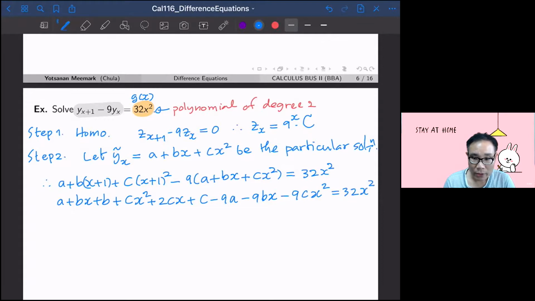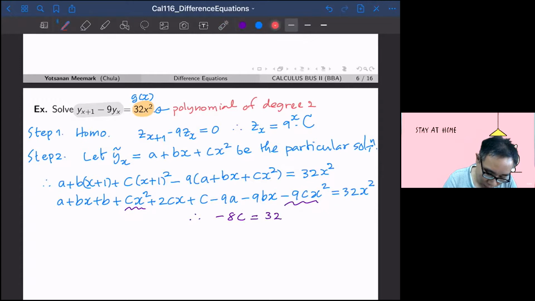Okay, and you're going to see the coefficient of x squared. So the coefficient of x squared is going to be negative 8c. So you have negative 8c must be 32. That's the first one.